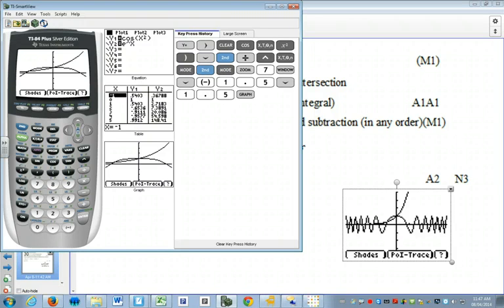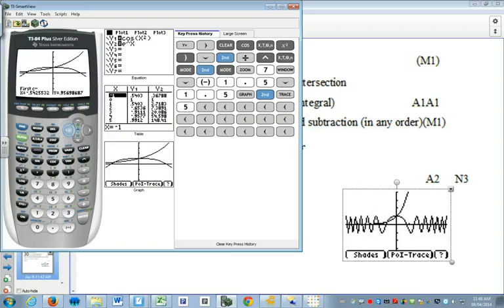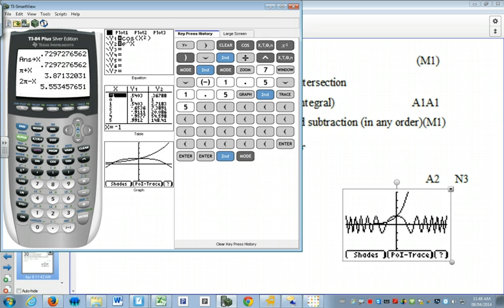I'm going to just see if I can find this intersection. We know the one is 0. Let's go 5. I want to find this one that's over here. Enter, enter, enter. Okay. Now that answer, the negative 1.11, I want to see if that's stored as x. I'm going to store that as x and see what value comes up.